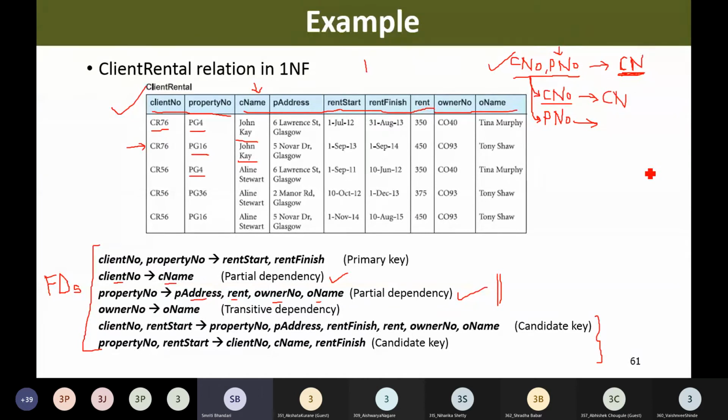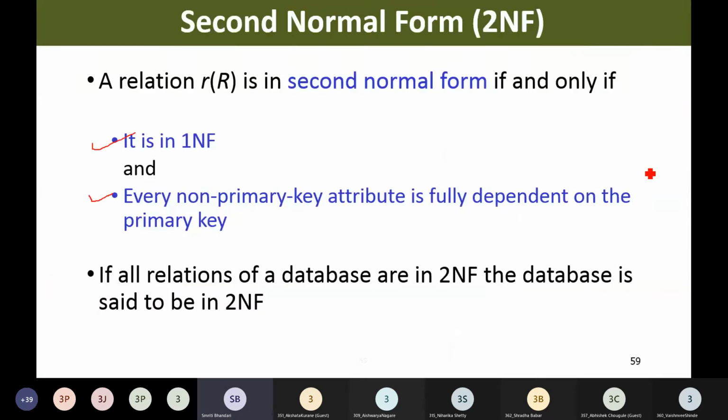So, once we have identified that there are certain partial dependencies, with the help of these partial dependencies we are going to convert this table in 1NF into 2NF. Right? Because we have gone through the definition of second normal form.